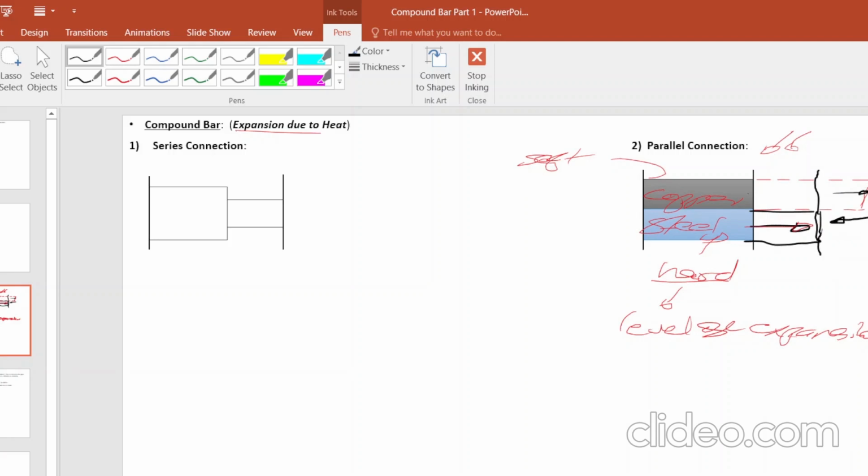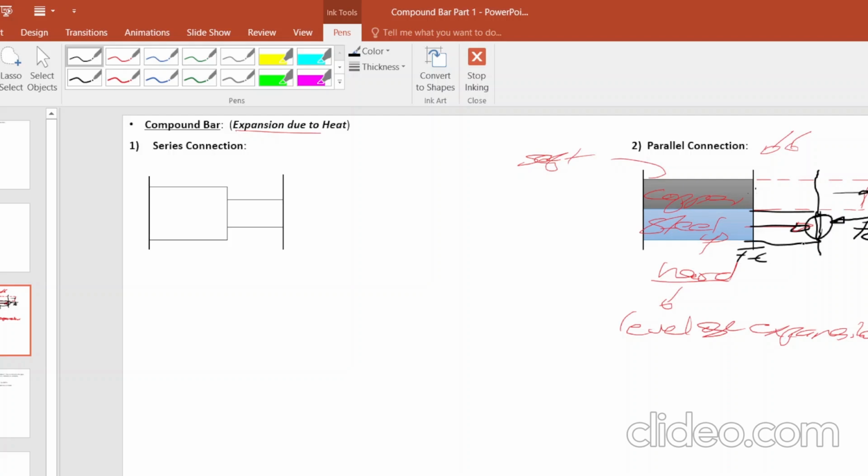Therefore, when copper is coming back to the level of steel, copper is now experiencing compressive force, while steel is experiencing tensile force. You can tell that there's this force that causes the material to experience stress. That force causes these two materials to push or to pull.